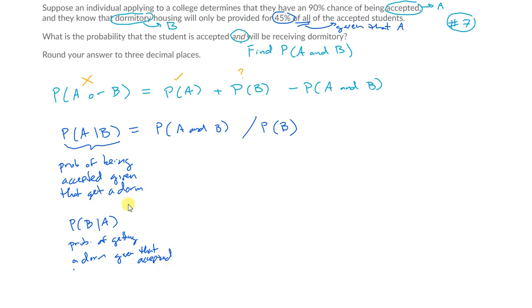So that's what B given A is expressing, the probability of getting a dorm, which is B, given that you've been accepted. That is information that we have. Now, what would that equal in terms of an equation? That's the probability of both events occurring at the same time, divided by the probability of the event after the conditioning bar. What's the event after the conditioning bar? A. What's A? Being accepted.